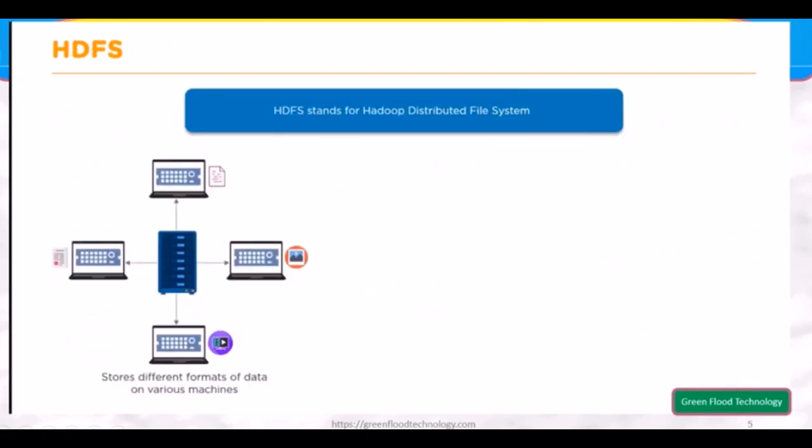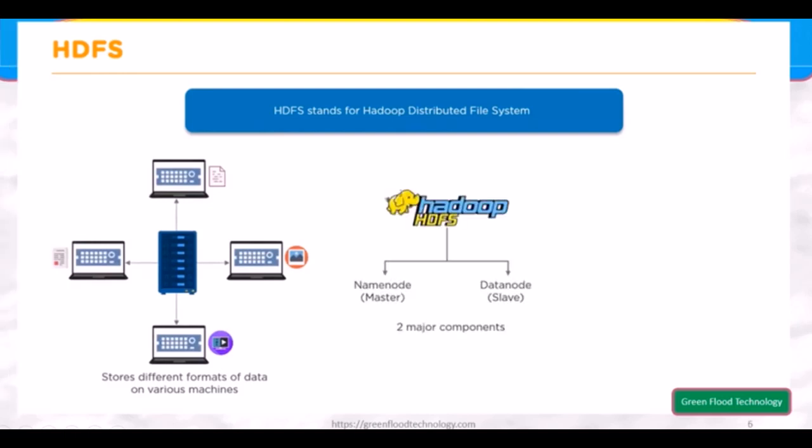HDFS is an abstraction of a file system over a cluster, storing a large amount of data by transparently spreading it on different machines. The Hadoop platform provides an improved programming model used to create and run distributed systems quickly and efficiently, and Hadoop can store different formats of data on various machines.